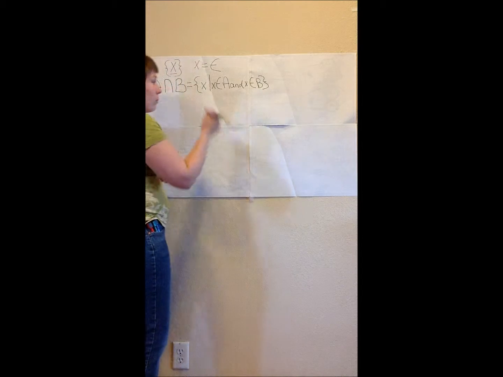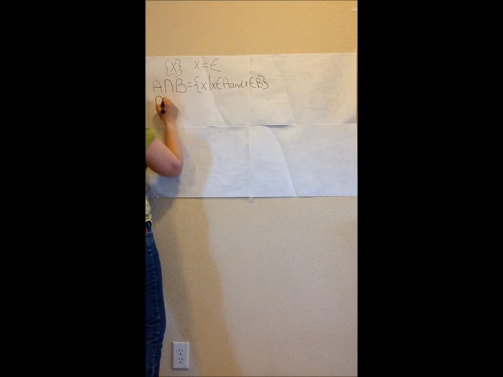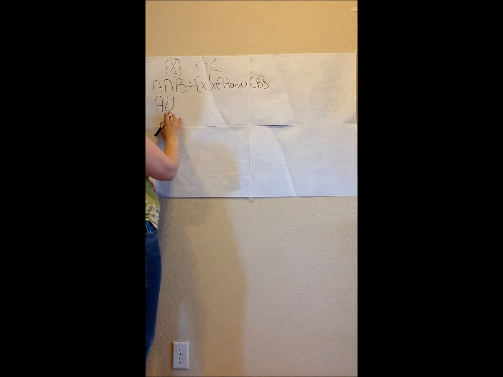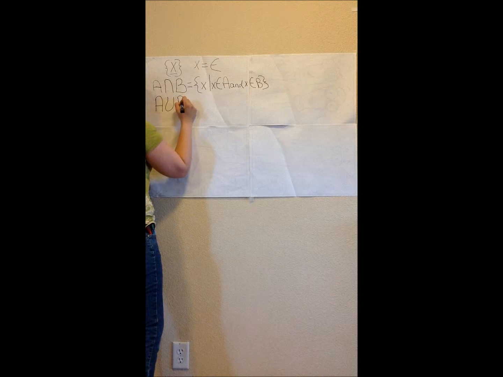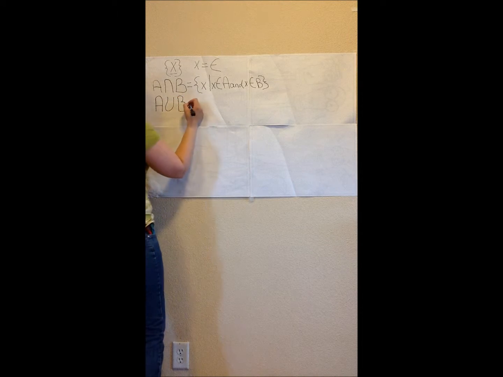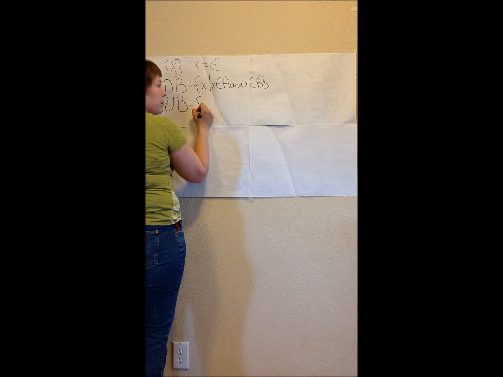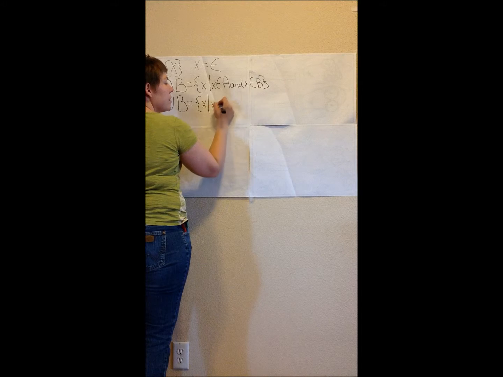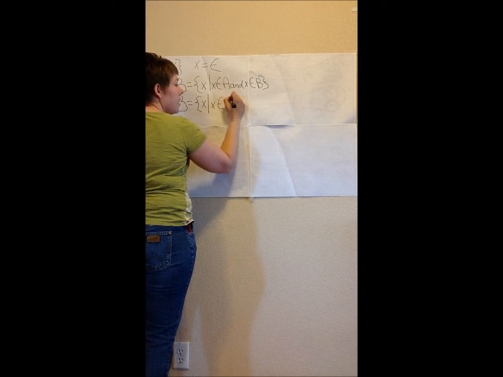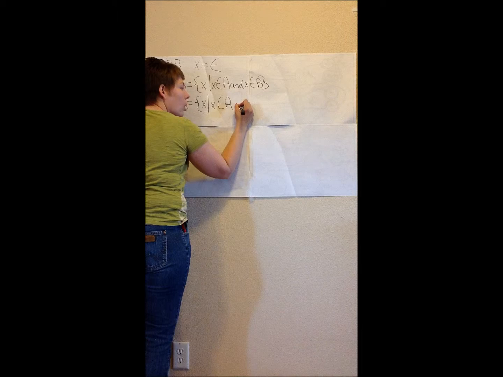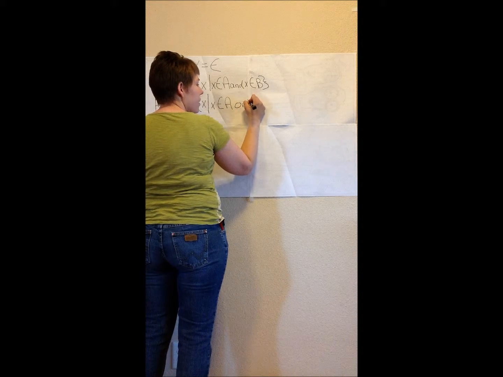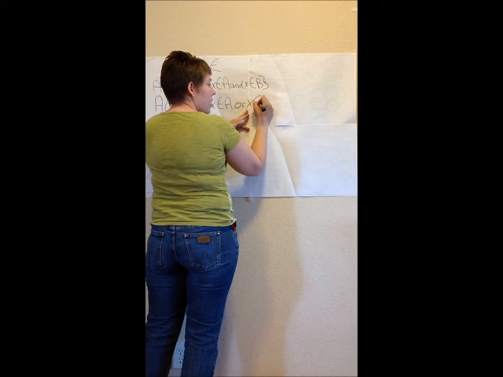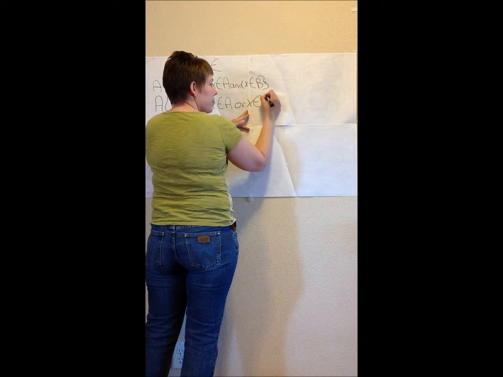That is represented by the formula A union B, represented by the traditional U, the union of sets A and B is equal to X being our element, where X is an element of set A, or X is an element of set B.